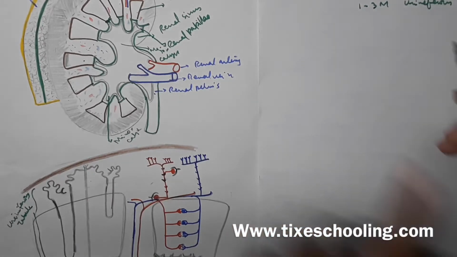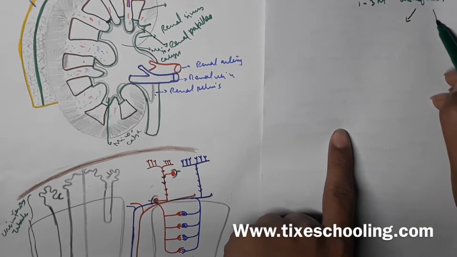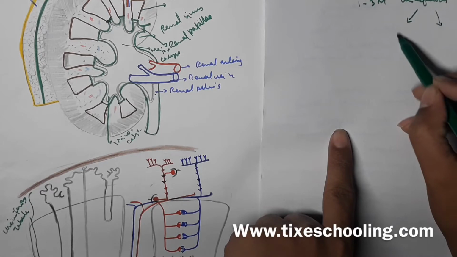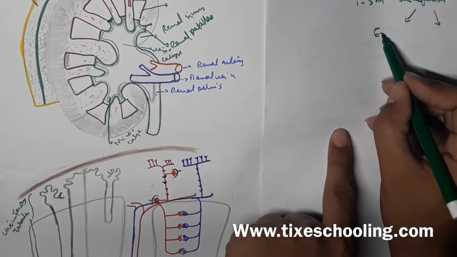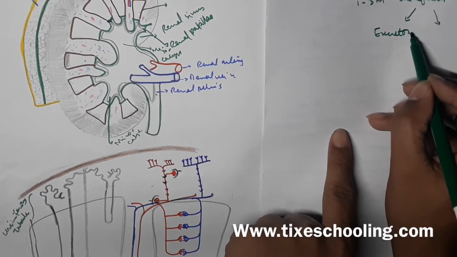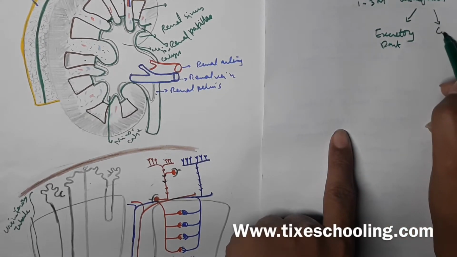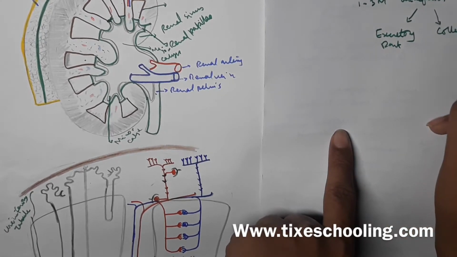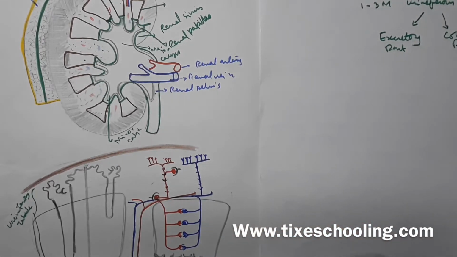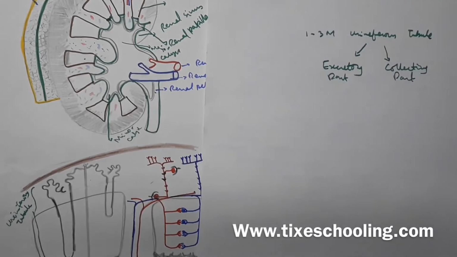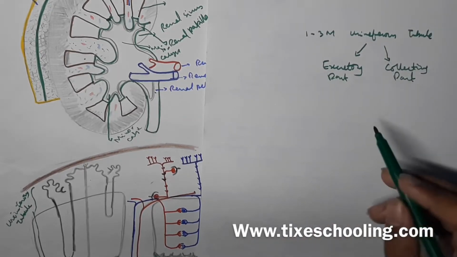This uriniferous tubule is further divided into two parts: the excretory part and the collecting part.